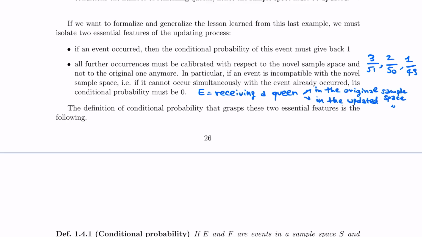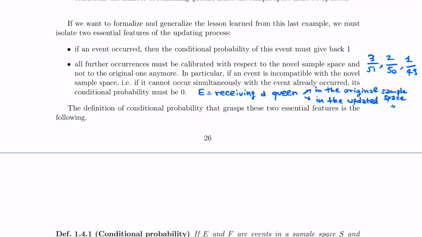In other words, receiving a queen is not compatible with having already received 4 queens. In other words, the event E of receiving a queen cannot occur simultaneously with the event of having already received 4 queens. This is why the conditional probability of E must be 0.